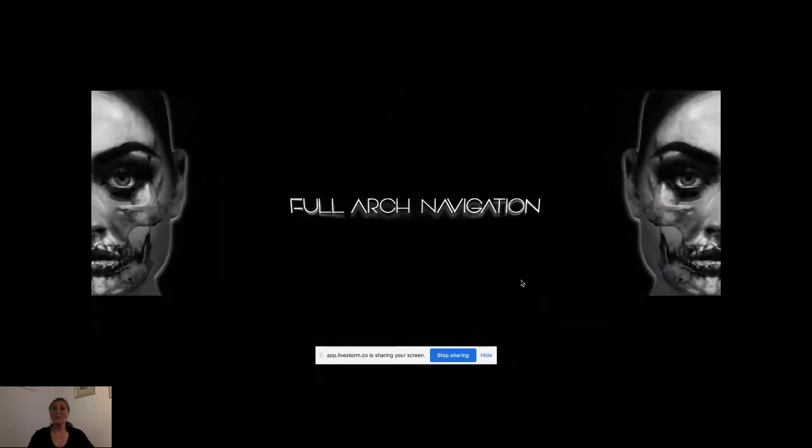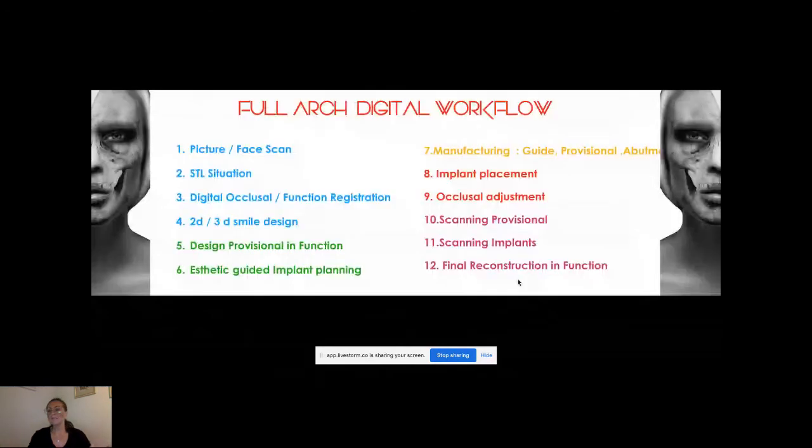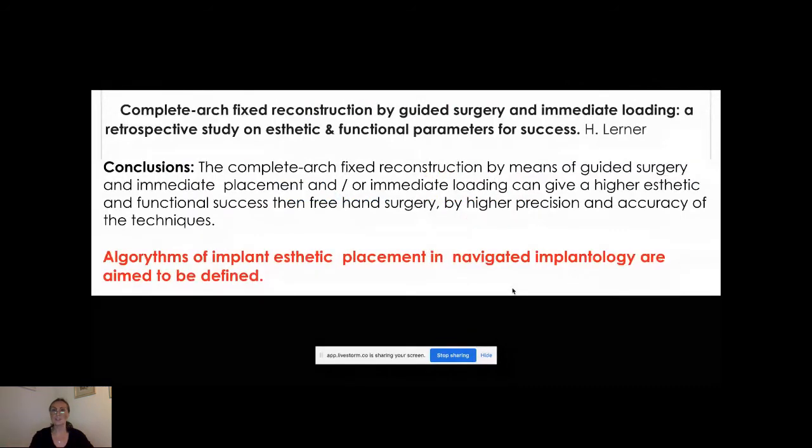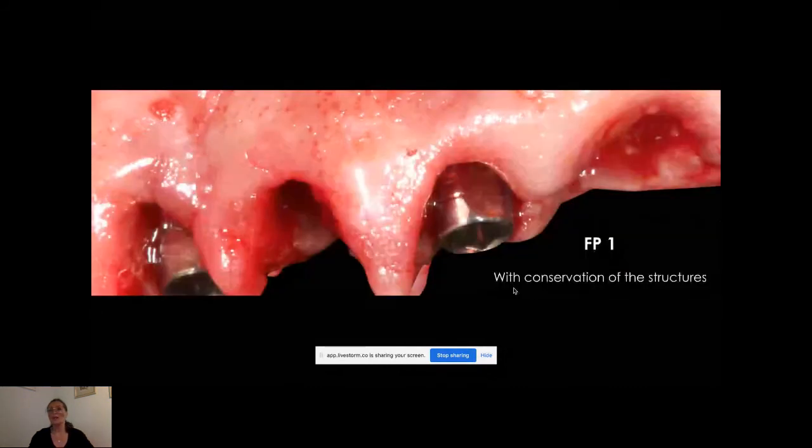In full arch navigation, we have the same steps from scanning, planning, make, and done, which I showed you before. Again, the aesthetic parameters for full arch reconstructions are the subject of that prospective study, which we are doing right now. And I will offer you the preliminary results in a couple of minutes. I hope I will be on time.